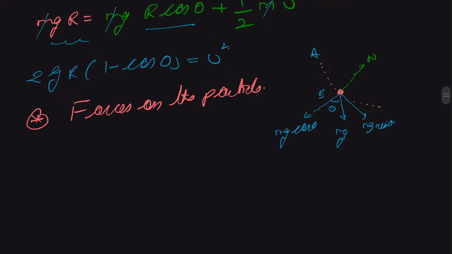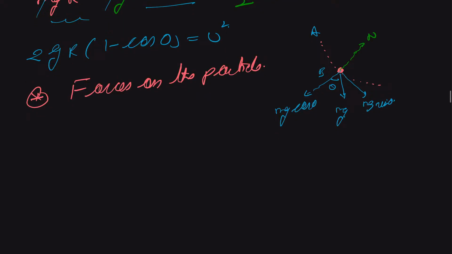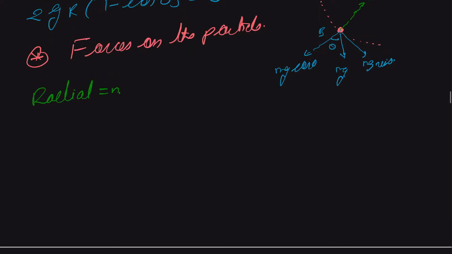And we can write the radial equation of motion. The radial equation of motion will be N minus mg cos theta equal to mv square upon r.